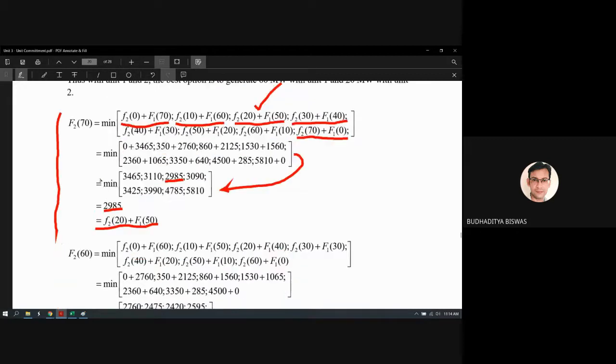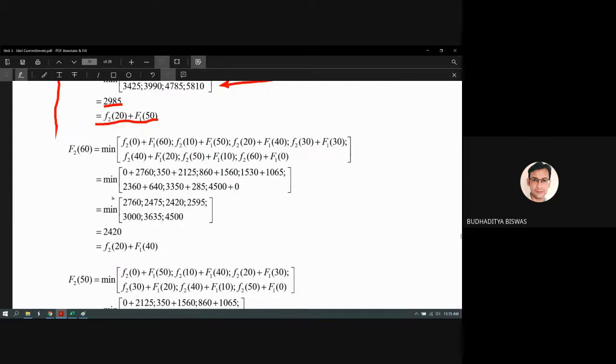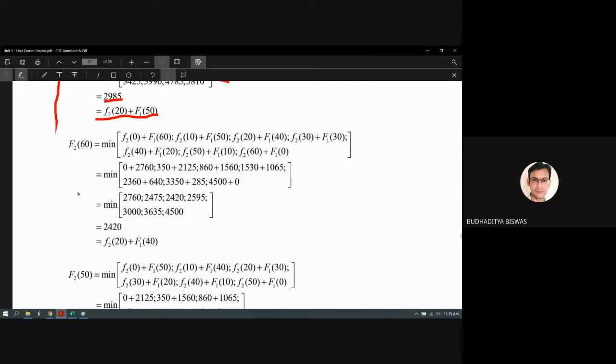Similarly, to generate 70 megawatt of power, though the 70 megawatt is not the requirement of this load demand, in the future it may happen. So when the 70 megawatt load demand is there and unit 1 and 2 is committed, then F1 is 50 megawatt and F2 equal to 20 megawatt. Similarly, as I mentioned, we need to find all the possible combinations.